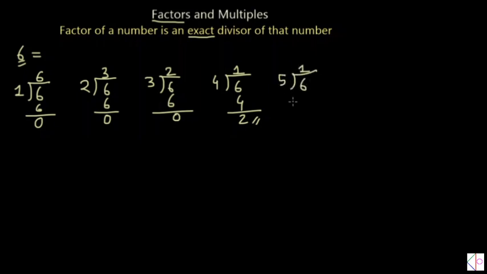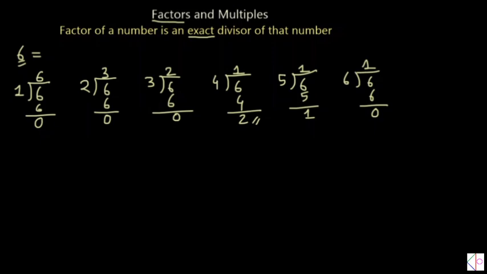In case of 5, again we give 1 time, which is 5, and the remainder is 1, more than 0. Finally, if we divide 6 by 6, the number itself, the quotient is 1 and the remainder is 0.